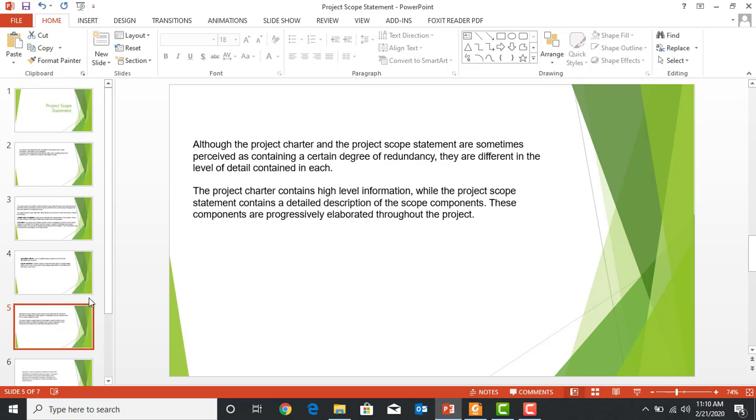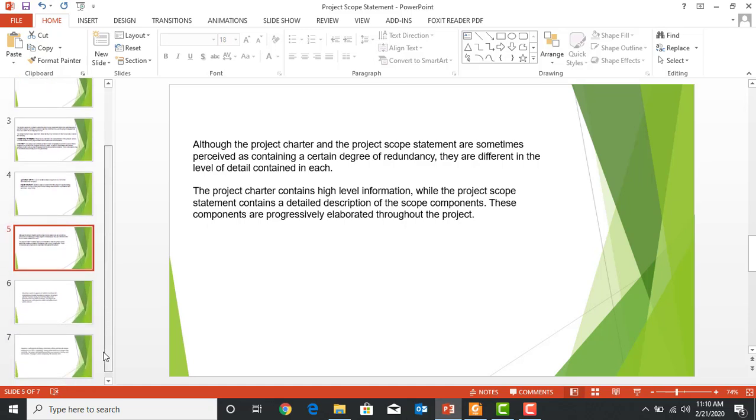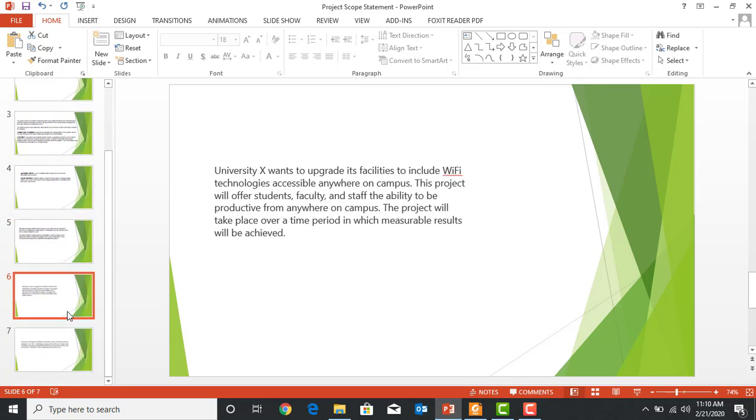So now I'll show you a couple of examples. Let's look at our number one scope statement. Let's say University X wants to upgrade its facilities to include Wi-Fi technologies accessible anywhere on campus. This project will offer students, faculty, and staff the ability to be productive from anywhere on campus. The project will take place over a time period in which measurable results will be achieved.